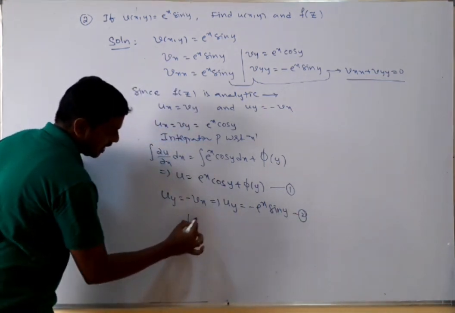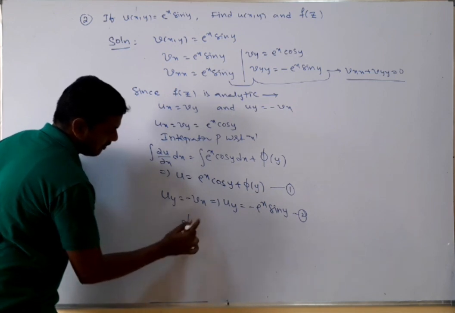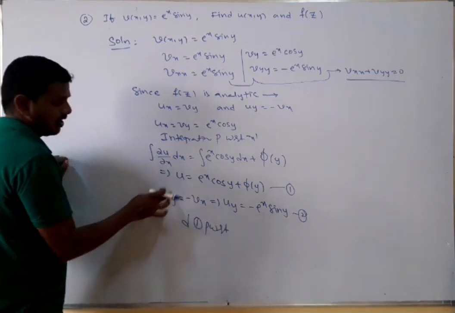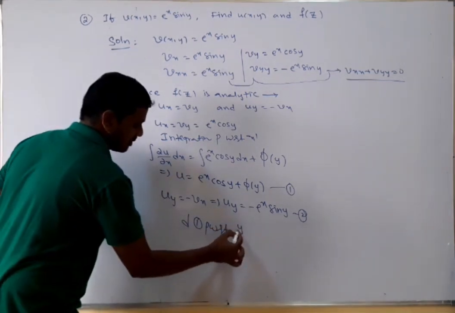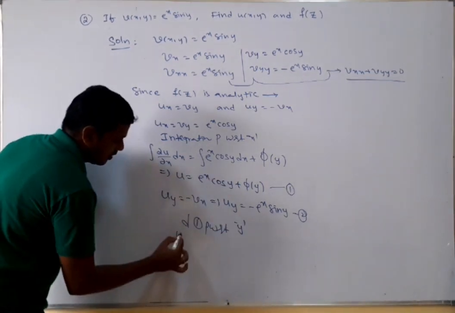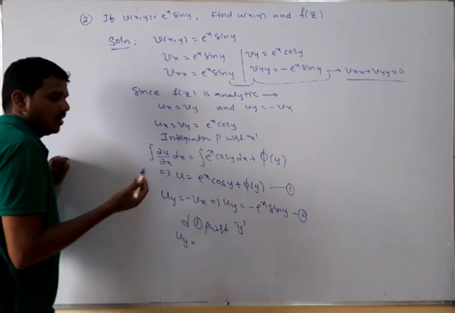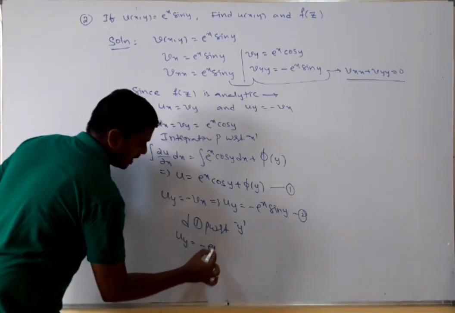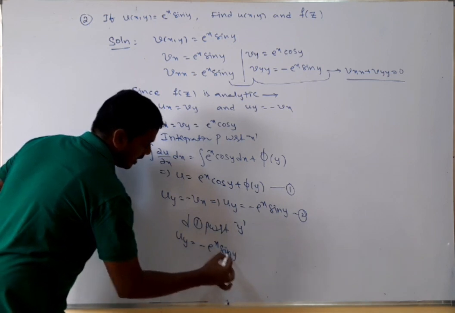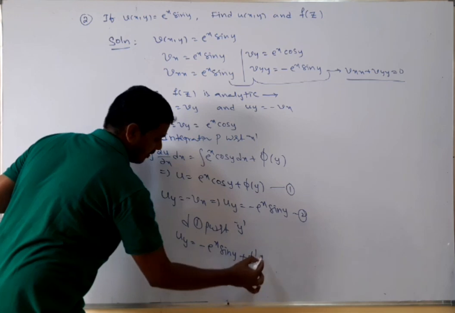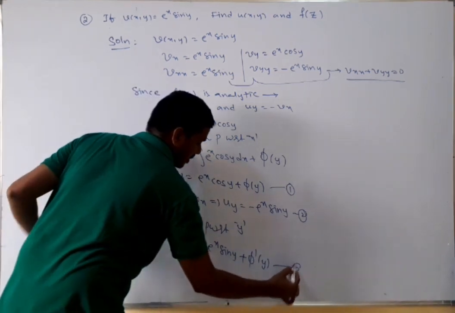Now differentiating 1 partially with respect to y, from 1 we have uy is equal to e to the power of x cos y, whose derivative is minus sin y, so minus e to the power of x sin y, plus the derivative of phi of y, which is phi dash of y. Say this is equation number 3.